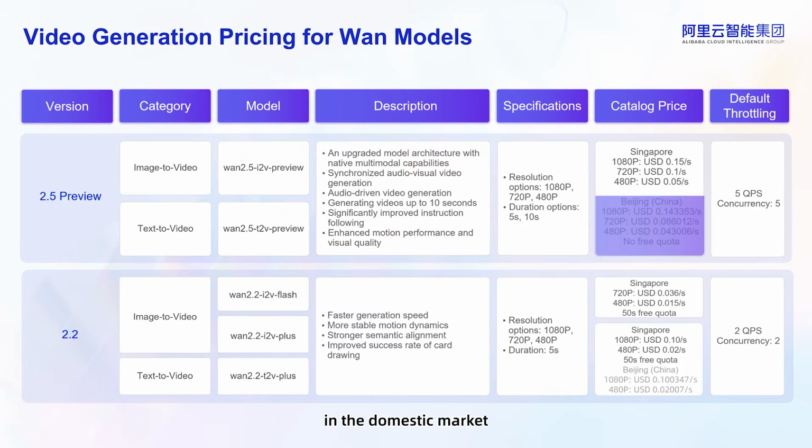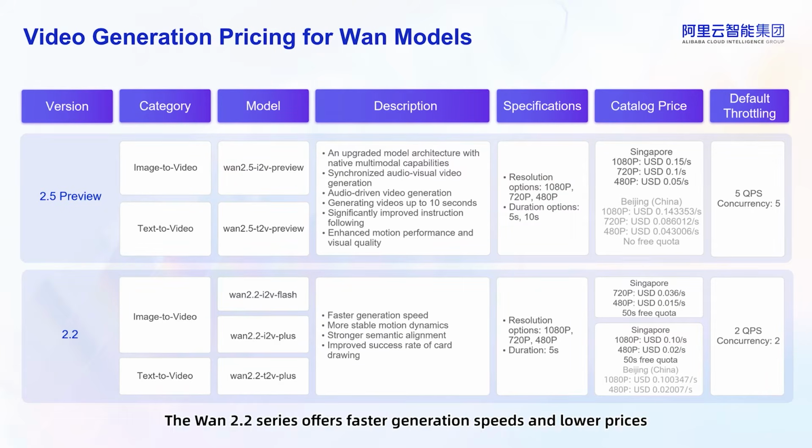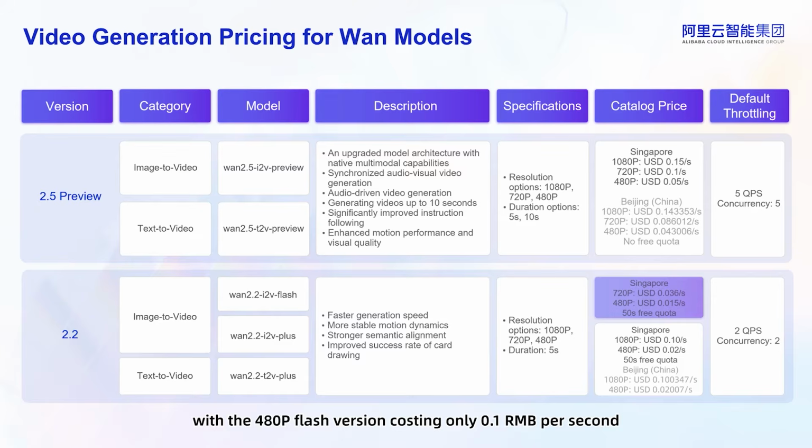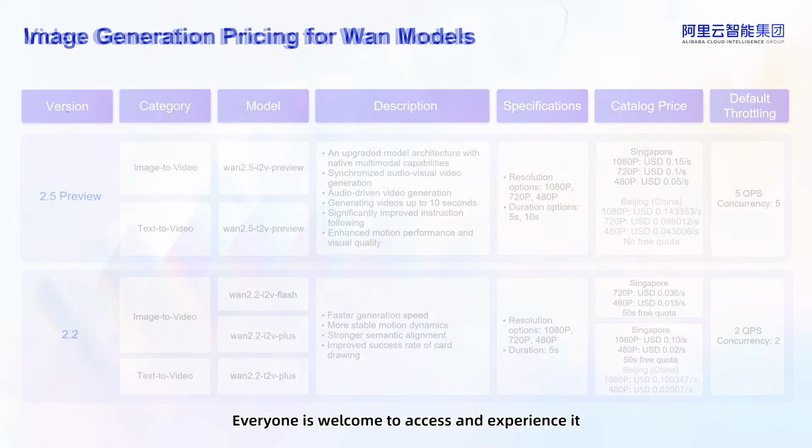For example, in the domestic market, 480p costs only 0.3 RMB per second, while in overseas markets, it is $0.05 per second. If you're looking for even lower costs, you can try our Wan2.2 series models. The Wan2.2 series offers faster generation speeds and lower prices, with the 480p flash version costing only 0.1 RMB per second. Everyone is welcome to access and experience it.